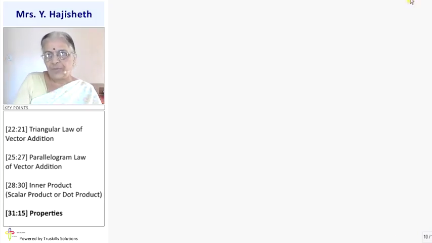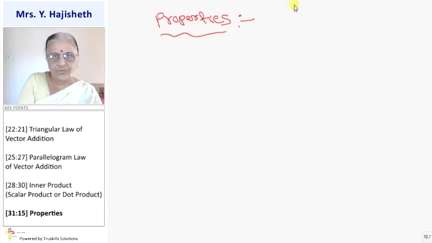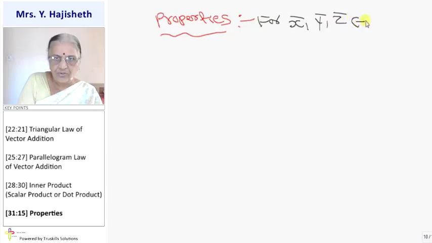Now what are the properties? Just as we taught properties for magnitude, here too, what are the important properties? Properties are going to help you a lot in future to understand the subject, okay? For x, y, z belonging to R square or R cube, it will work for both, okay?